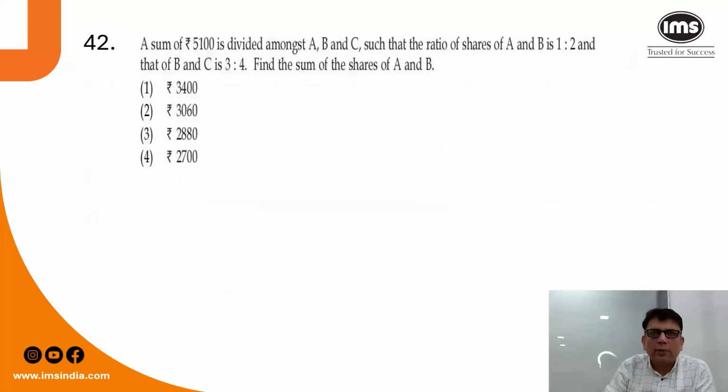Question number 42. A sum of 5100 is divided amongst A, B, and C such that the ratio of shares of A is to B is 1:2, and that of B and C is 3:4.